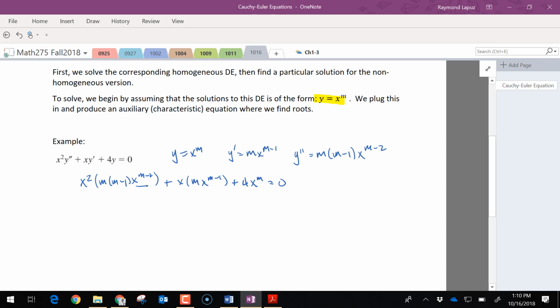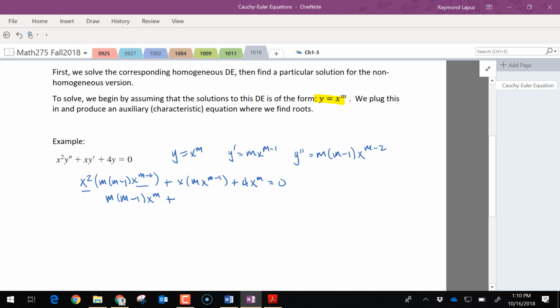And then you can see that if you combine the x's, you get x to the mth power for each of these terms.